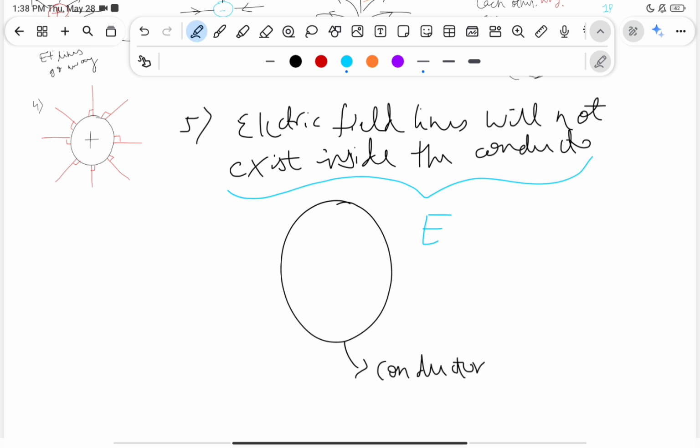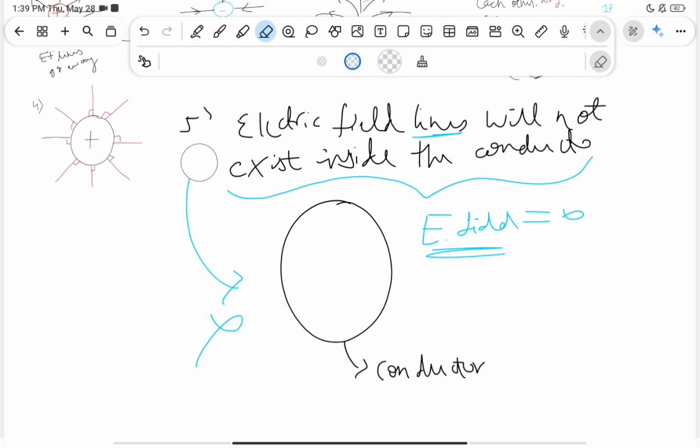We have said electric field lines will not exist inside the conductor. Then what will be the electric field? If electric field lines inside the conductor do not exist, then the electric field is equal to 0. That's it.